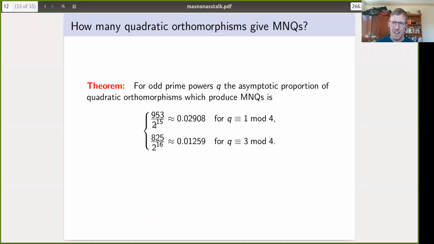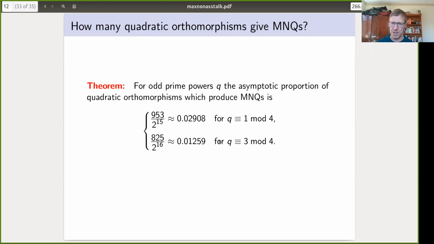But if you crunch through all of the different cases, we worked out that the asymptotic proportion of quadratic orthomorphisms that work are these constants.